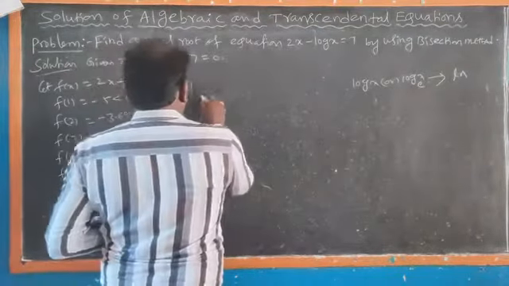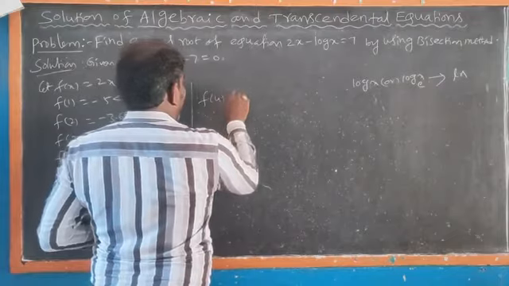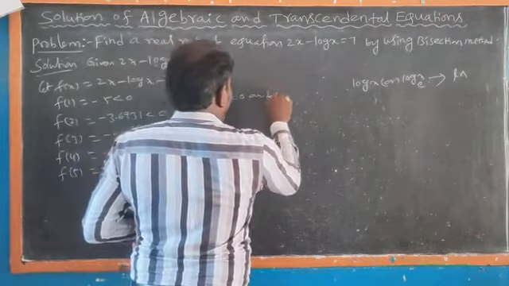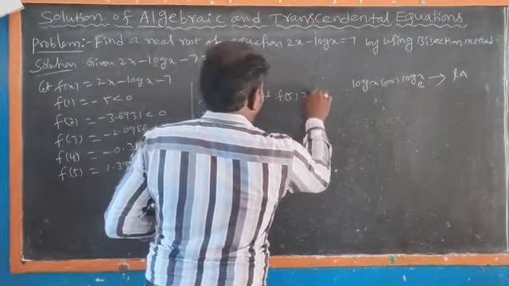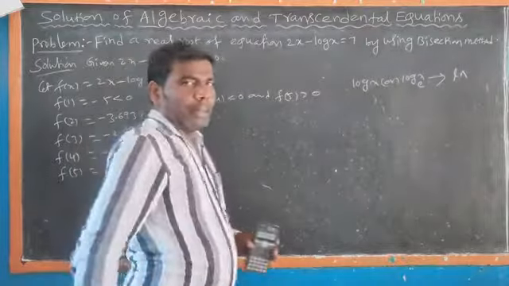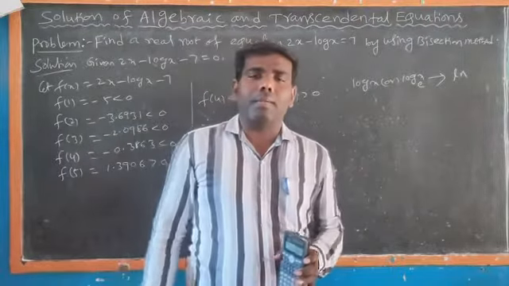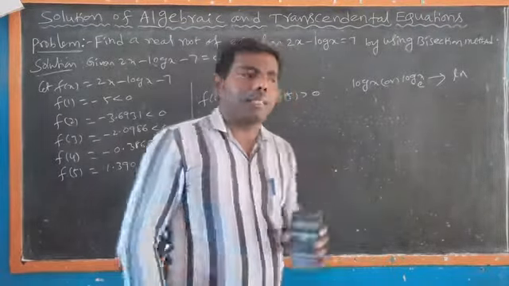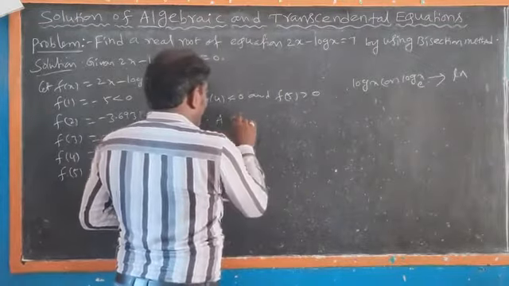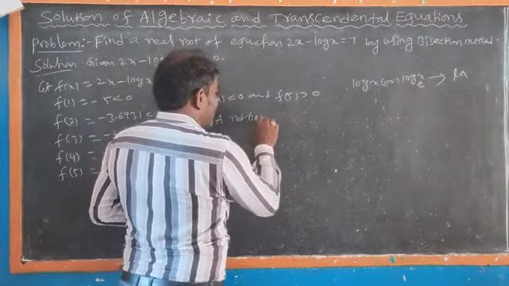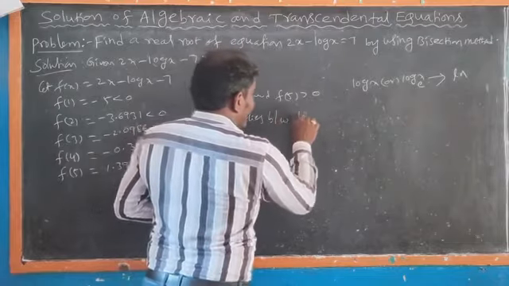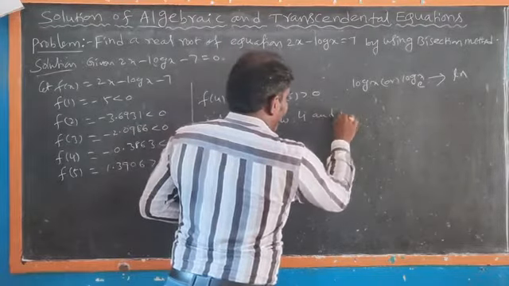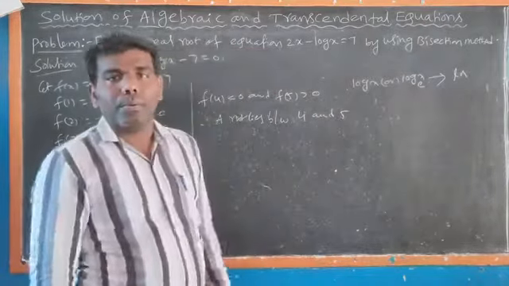So f of 4 is less than 0 and f of 5 is greater than 0. Therefore, by the intermediate value theorem, a root lies between 4 and 5.